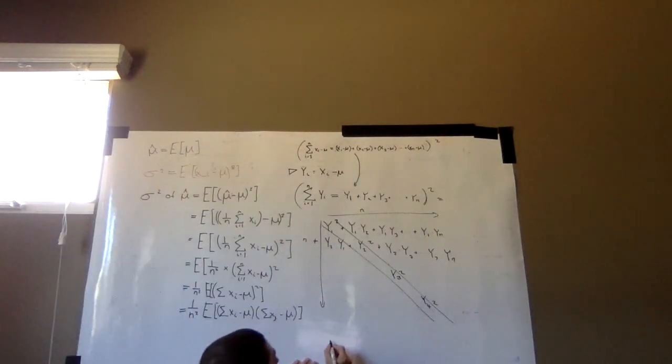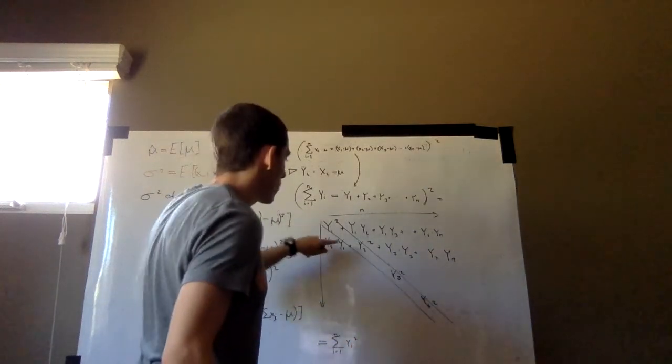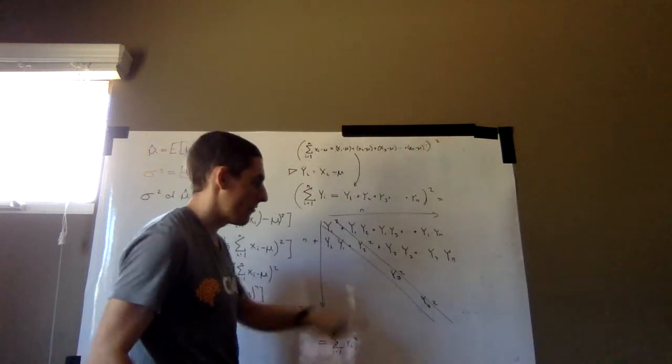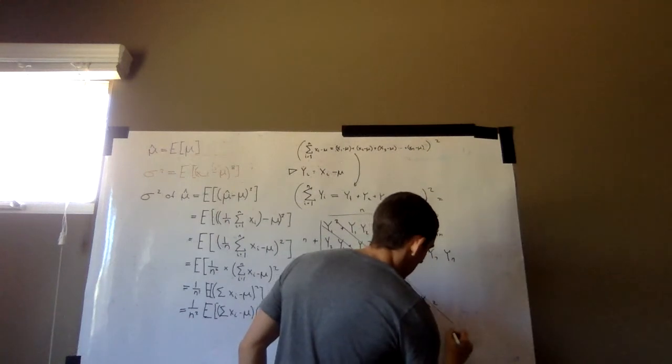So what we get is equal to the sum from i equals 1 to n of yi squared, right? y1 squared, y2 squared, y3 squared, y4 squared, all the way down to yn squared.